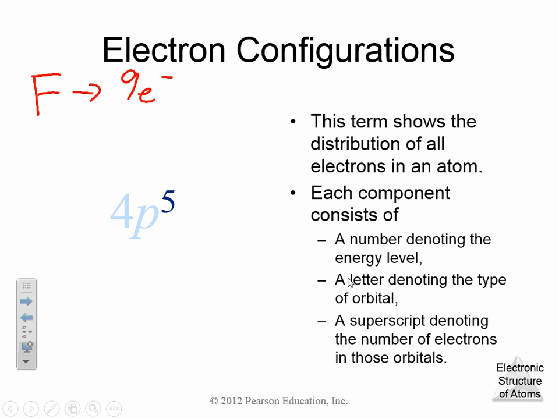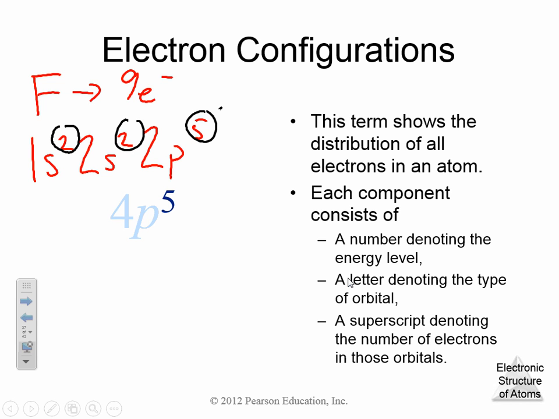Using that last slide, 1s can hold 2, 2s can hold 2, so we're at 4 total electrons. Our next energy level is 2p. 2p can hold up to 6, but do we need 6? No, we only need 5. 2 plus 2 plus 5 gives us 9. So the configuration for fluorine is 1s2, 2s2, 2p5.